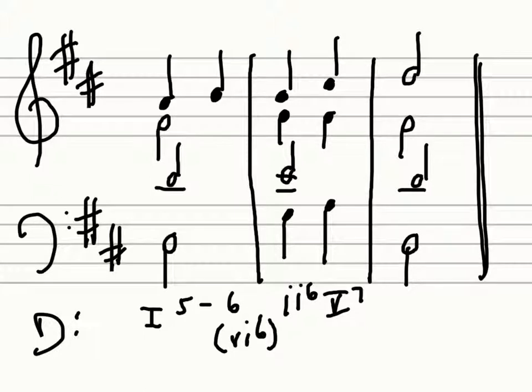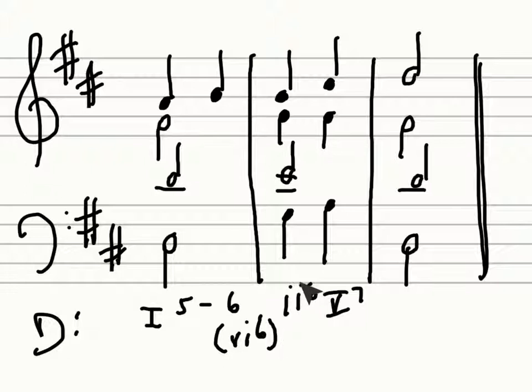Here in D major, notice here the A is a 5th above D, and now the B is a 6th above D, 5 to 6, and that creates momentarily a 6-6 chord.